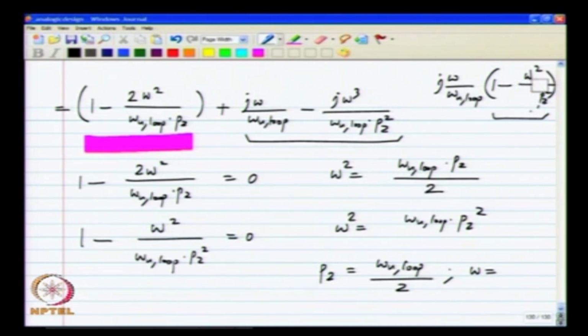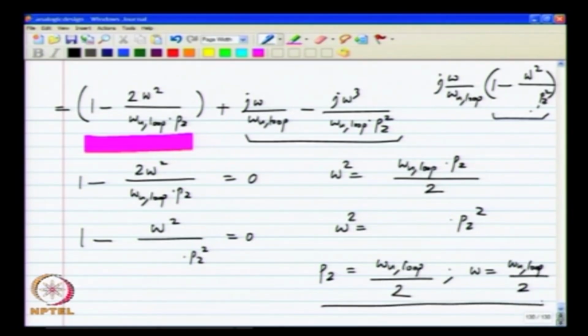In the parenthesis I should have had only omega square by p 2 square. This is also omega square by p 2 square. So, omega square will be exactly equal to p 2 square. So, p 2 will be omega u loop divided by 2, and omega is also equal to omega u loop divided by 2. I made a slight mess in the algebra, but this is the final answer.